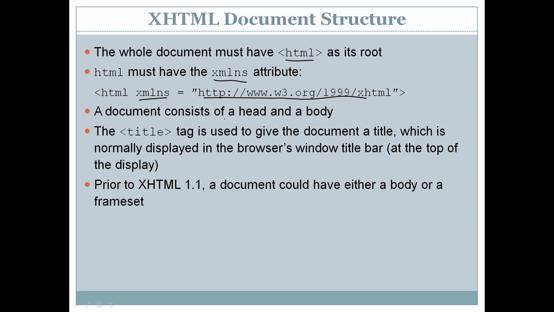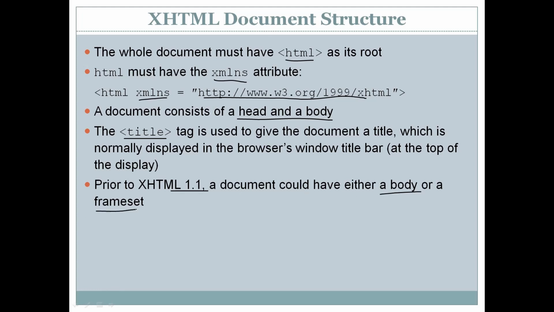Then a document should consist of head and body. The head tag usually includes one more tag, that is the title tag, which is used to give the document a title, which is normally displayed in the browser's window title bar. Prior to XHTML 1.1, a document could have either a body or a frameset.